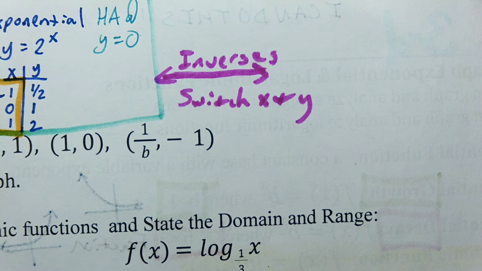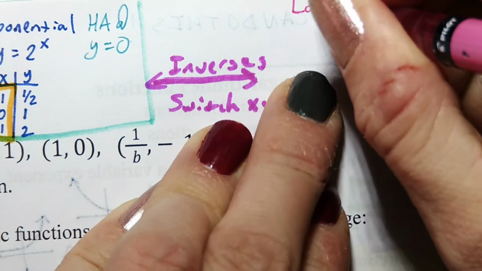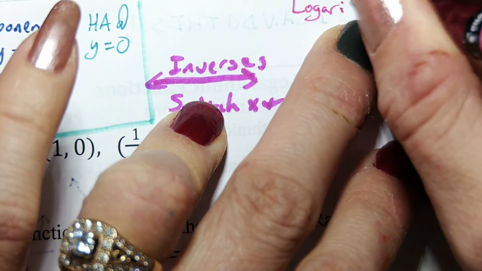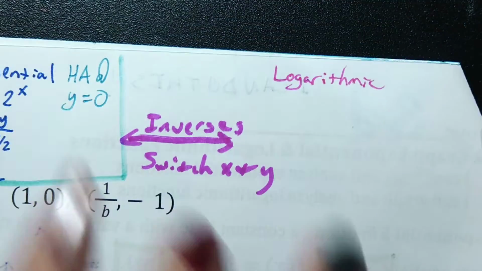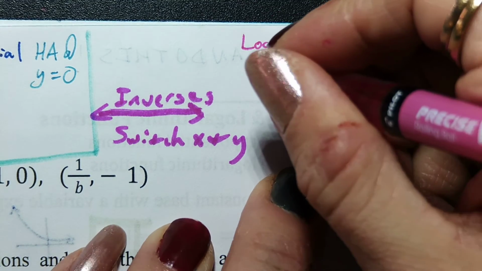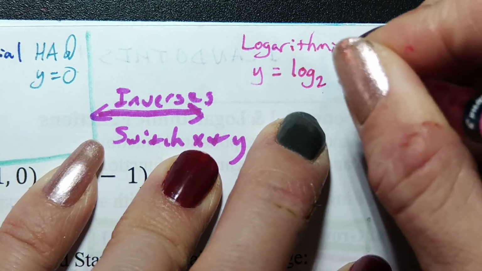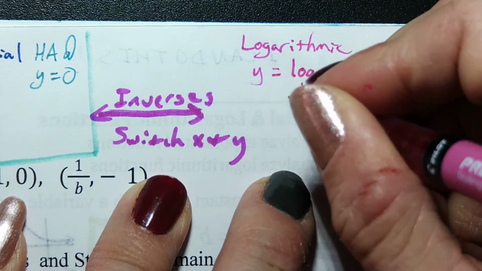And this has some important implications on what's going to happen with these logarithmic graphs. So logarithmic, that is how you spell it. If I had the logarithmic version of that equation, we would have y equals log base 2 of x.